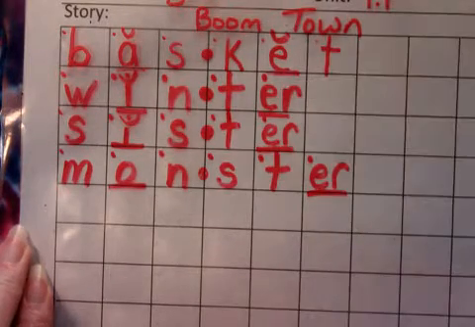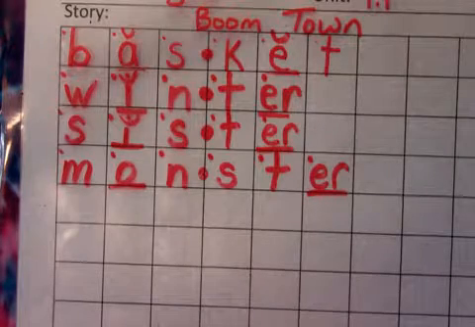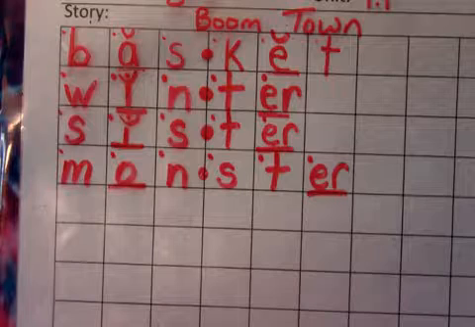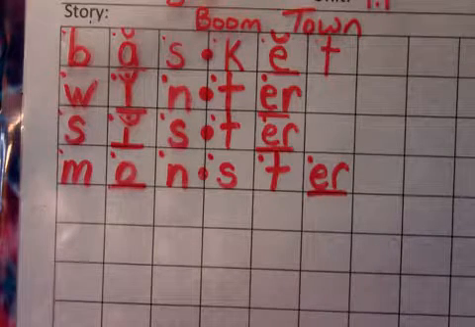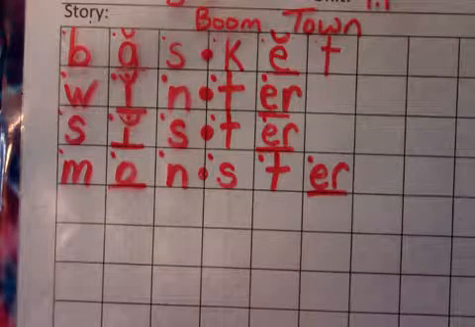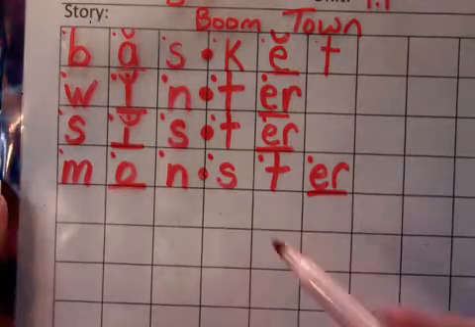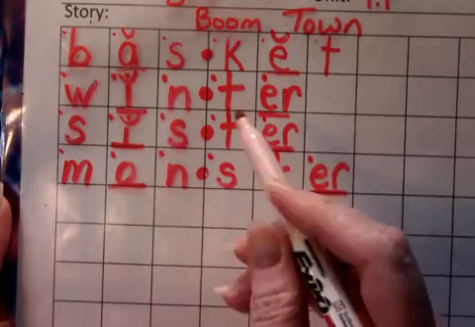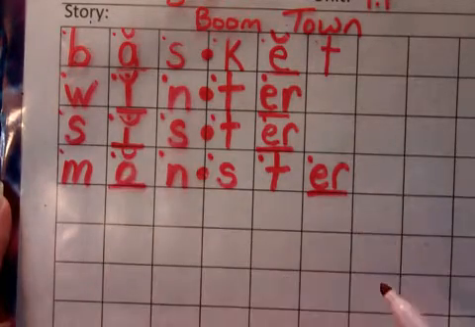Don't go by the words that we've already done. Pay attention to each word by itself, because it may have a slightly different pattern that you have to pay attention to make it break in a different area. Monster. Closed syllable, the vowel is short, and our R-controlled vowel.